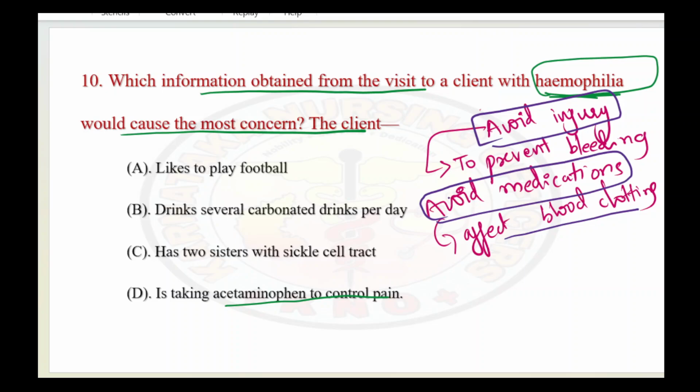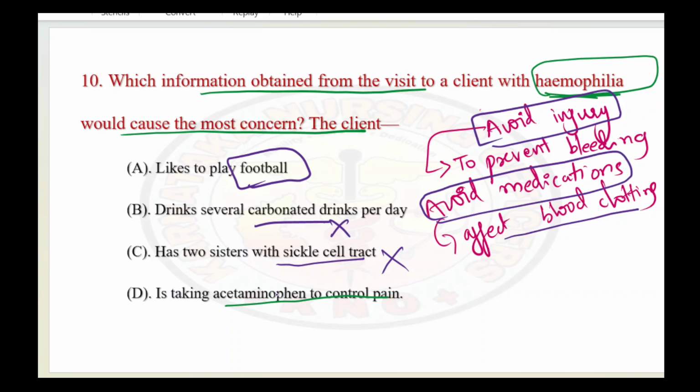So now we'll see the options. Injury causing games we should avoid, especially football. Okay, so that is a good point. Second is drinks several carbonated drinks. Here, nothing to do with carbonated drinks, increasing sugar levels and all, nothing is going to affect the hemophilia patient. And having a sickling trait also is not affecting the main patient.